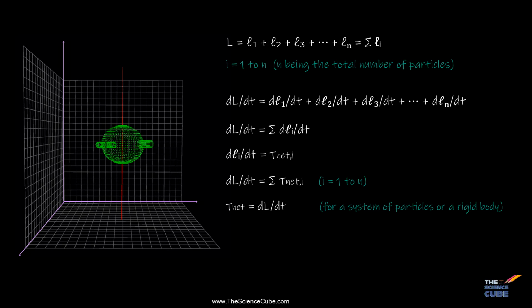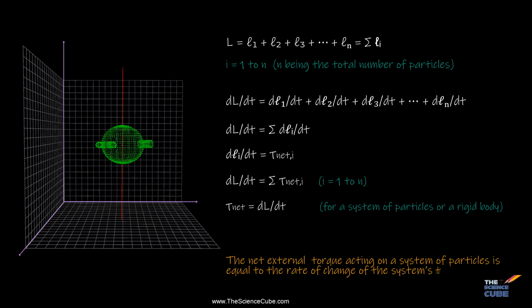And more formally, we can state this equation as the net external torque acting on a system of particles is equal to the rate of change of the system's total angular momentum L with respect to time.